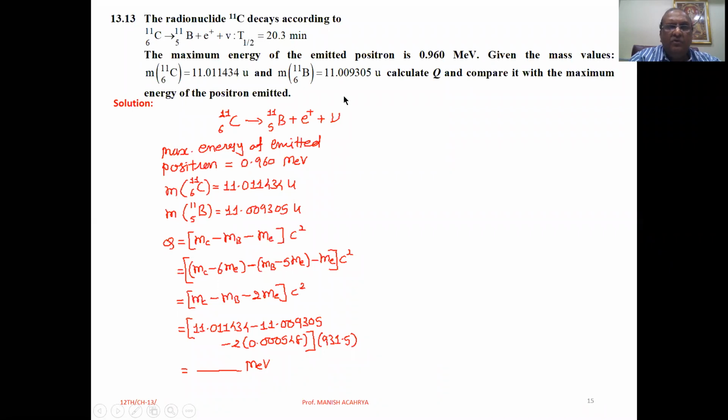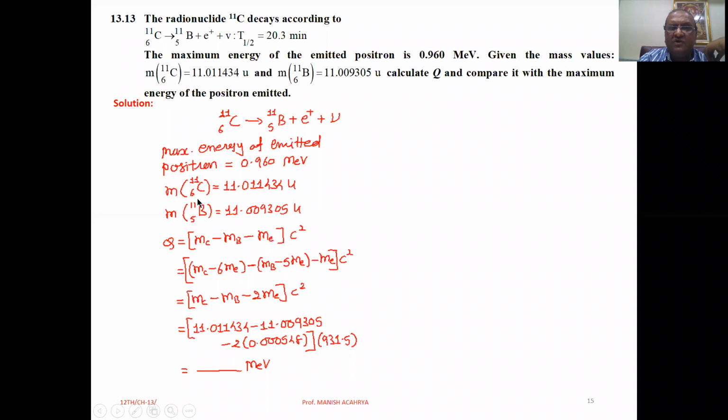Given the mass values for 6C11, that is 11.01144 u, and for 5B11, that is 11.009305 u, now calculate Q and compare it with the maximum energy of the positron emitted. So the reaction given to you is 6C11 to 5B11 plus positron plus neutrino. The maximum energy of the emitted positron is also given to you, 0.960 MeV.